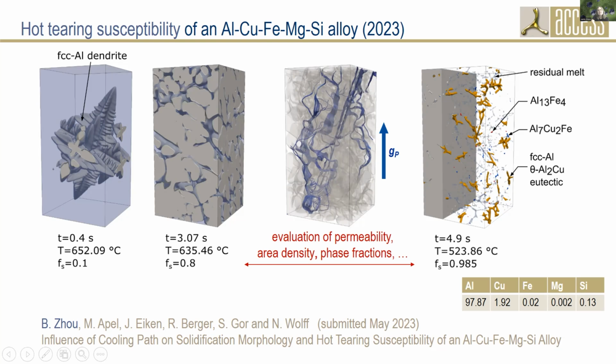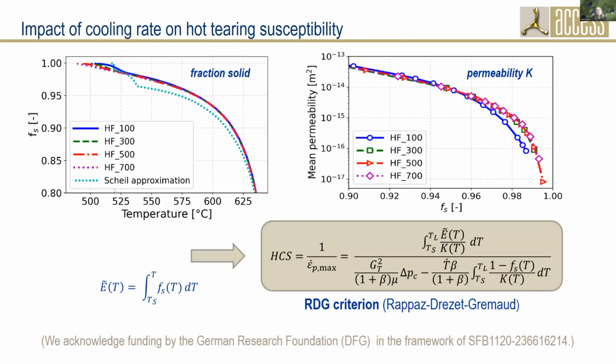The basic idea of this project was to run simulations with different cooling rates, evaluate the solidification path from them, and also evaluate the permeability, and use this data, in the first stage, only with an existing criterion for hot tearing susceptibility.